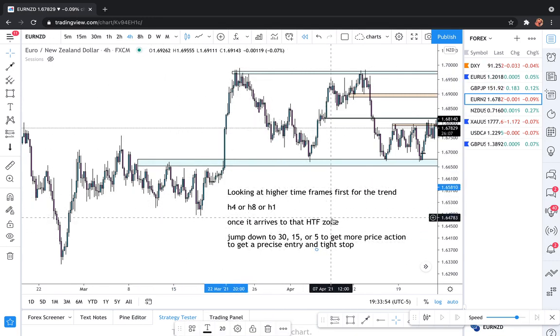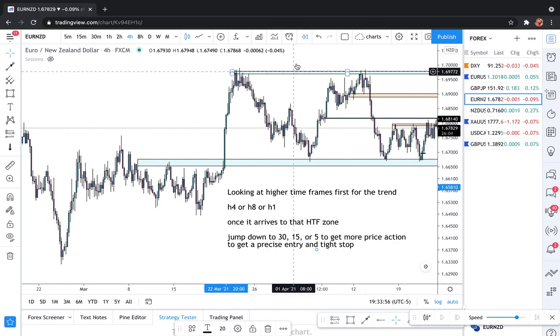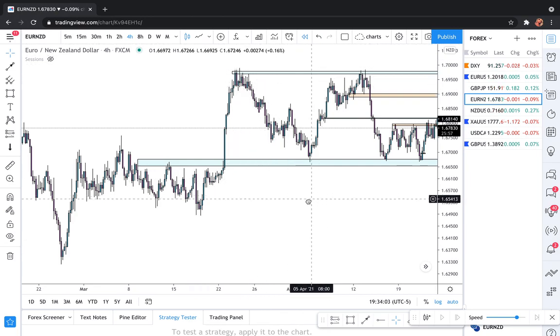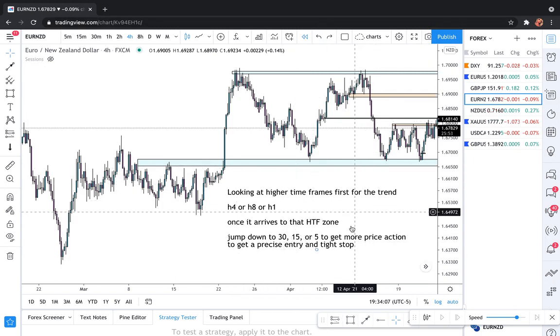But yeah, once it arrives to that higher time frame zone, then you're jumping down on lower time frames to take your entry. But make sure every time, I'm going to leave that just so you guys can write that down.